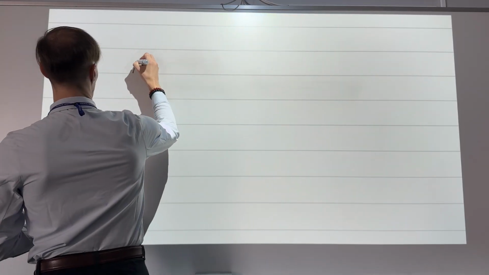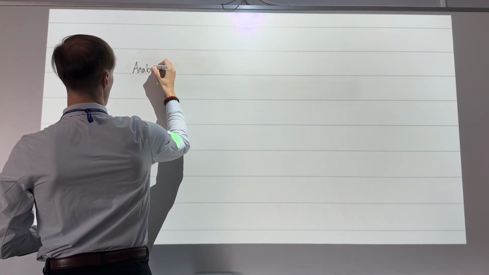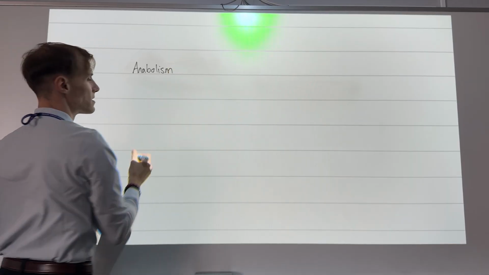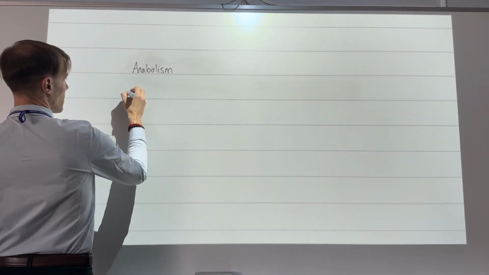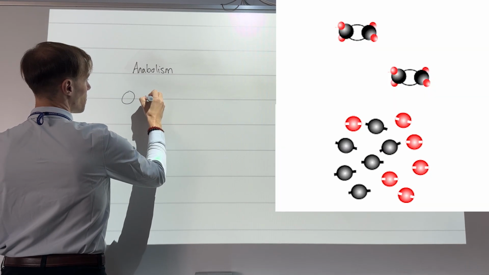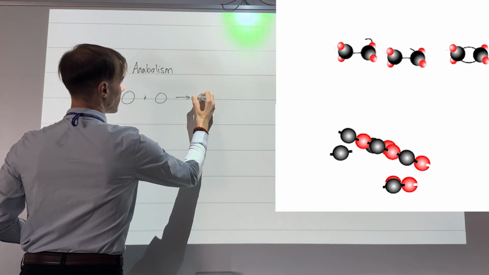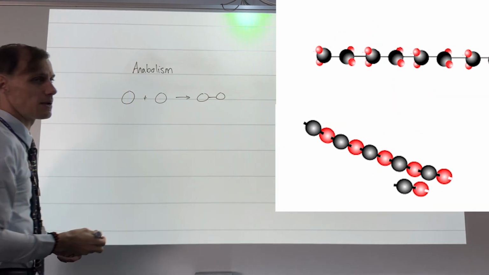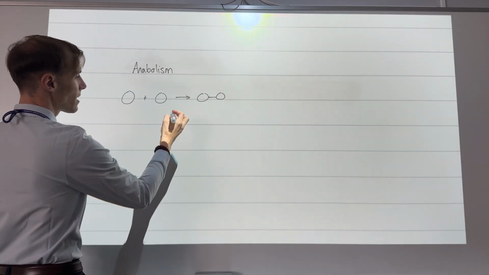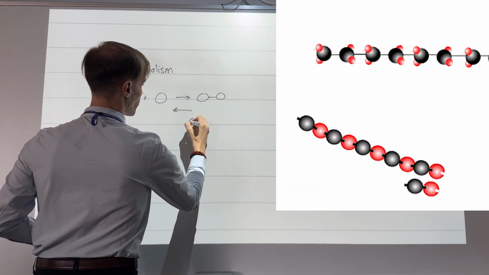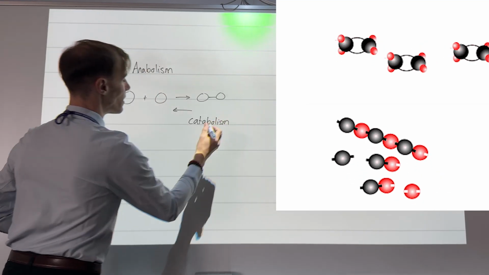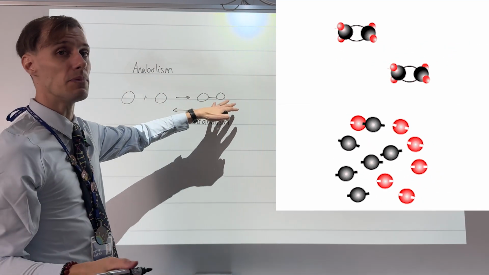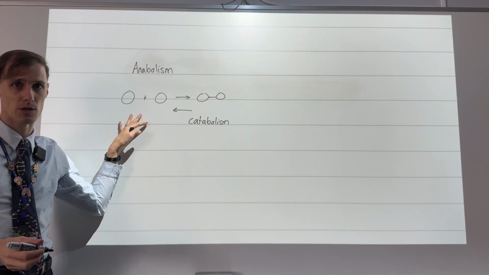Anabolism is the building of smaller to larger. So in this sense, you would get a monomer plus a monomer gives you a dimer, whereas catabolism would be the reverse. Catabolism would be a dimer or a polymer being broken down into monomers.